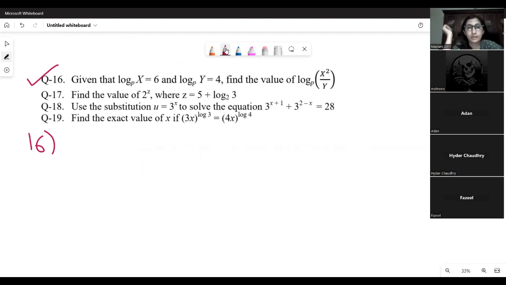Log base p of x equals 6, log base p of y equals 4. Find the value of log base p of x squared divided by y. So, what will we do? How do we do this?